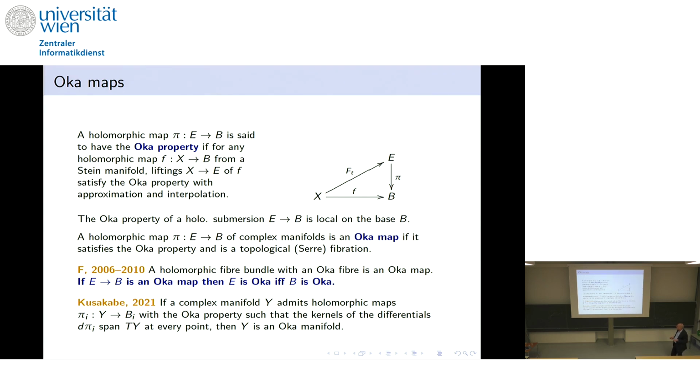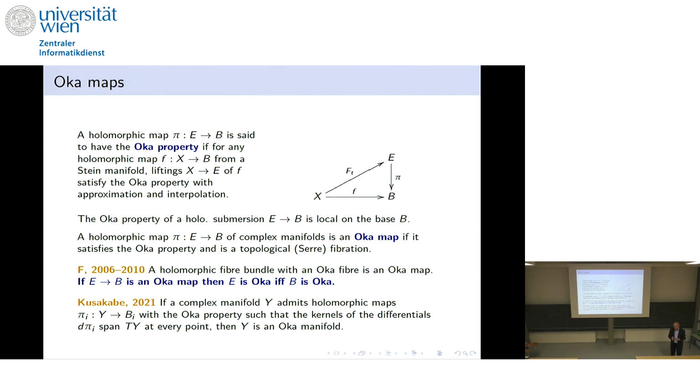And again, from Kusakabe's recent work, we have a very important new tool which says that if you have a complex manifold Y which admits sufficiently many holomorphic maps to some other manifolds so that these maps have the Oka property. What I mean by sufficiently many, I want that the kernels of the differentials of these maps at every point of Y span the tangent space.